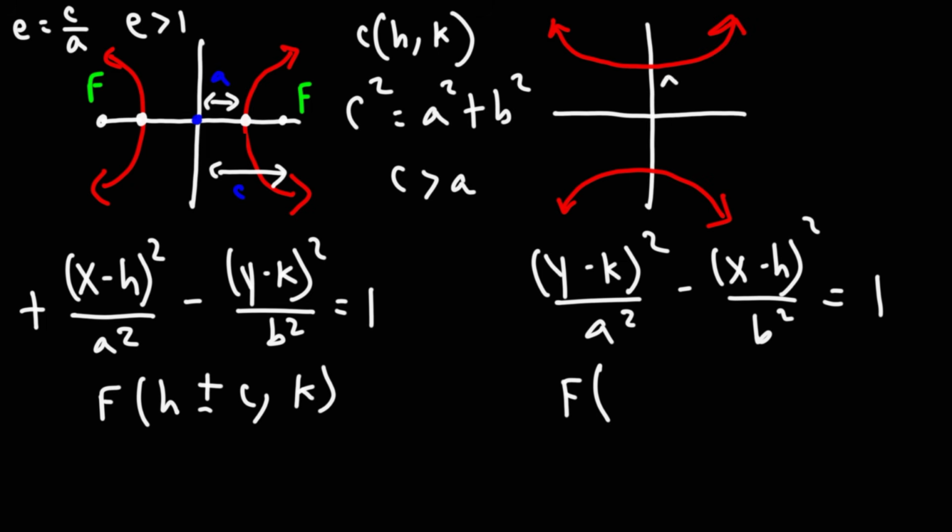So this is going to be a, and this will be c. And here will be the focal point that c will lead us to. So starting from the center, we need to add plus or minus c to k to get the two focal points.